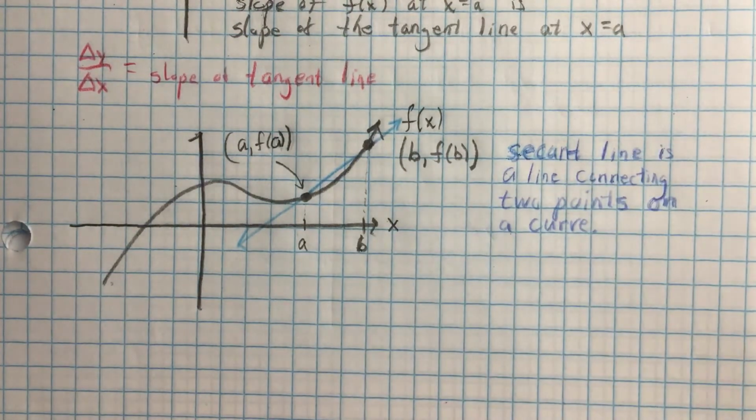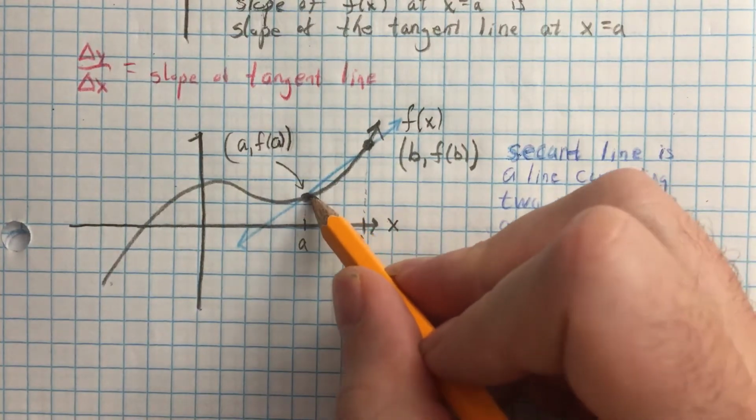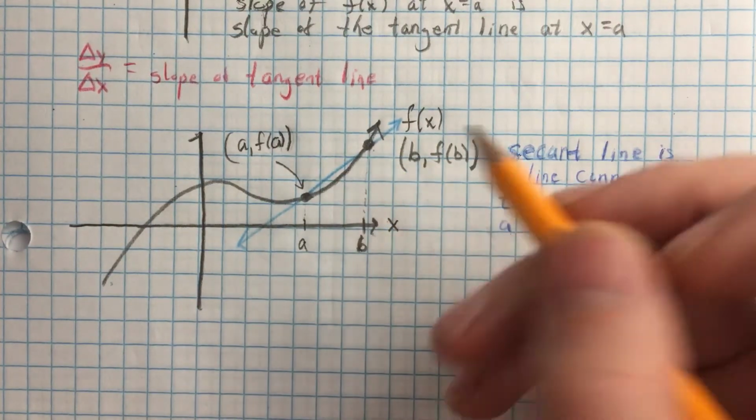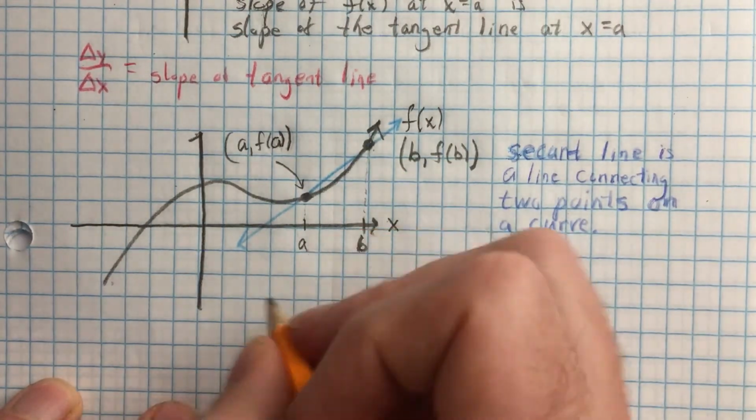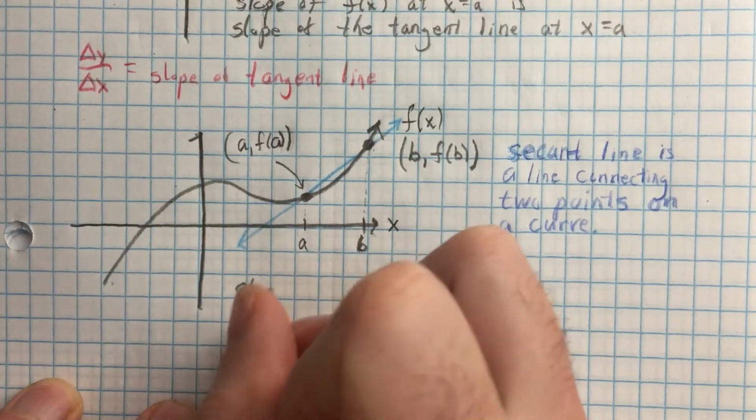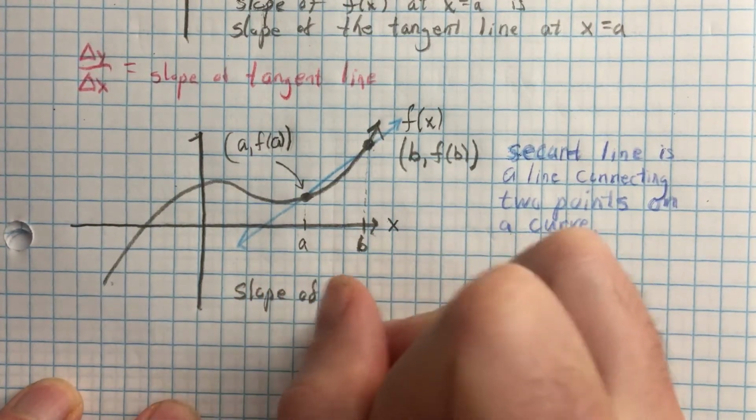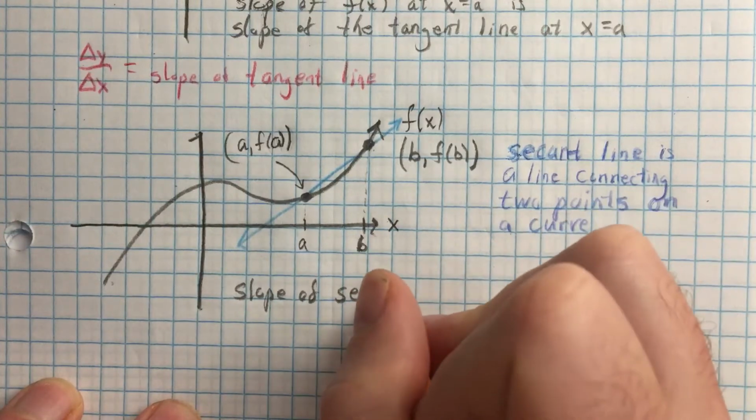That's what's happening here. We are connecting a, f of a with b, f of b. And the slope of this secant line is important. It is easily calculable.